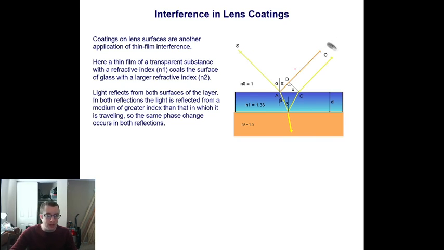We only care about the light that was in our initial medium, then in our first thing here. The only thing this does is determine whether or not this light inverts when it reflects. So because of that, we don't have to worry about putting the 1.5 in there anywhere.